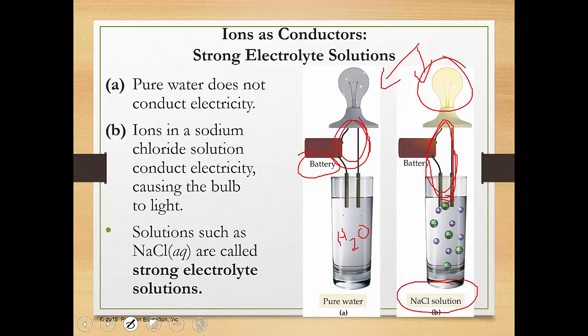If I have a strong electrolyte solution, the light bulb will glow strongly. If I have a weak electrolyte solution, it will glow, but not as strong. It will be kind of a weak glow. And if I have something like pure water, which is a non-electrolyte, that will not light the bulb at all. Right? So we have strong electrolytes, weak electrolytes, and non-electrolytes.